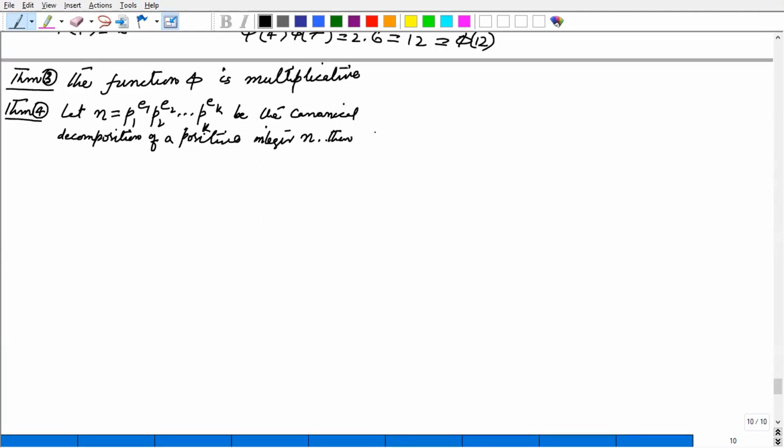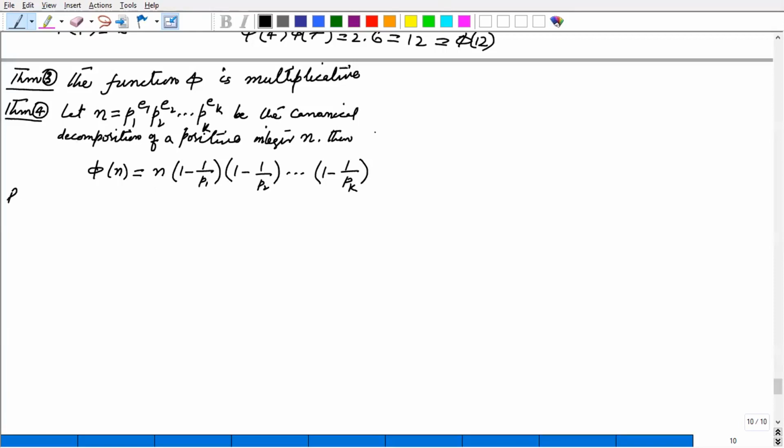Then phi of n equals n times 1 minus 1 over p1, times 1 minus 1 over p2, till 1 minus 1 over pk.